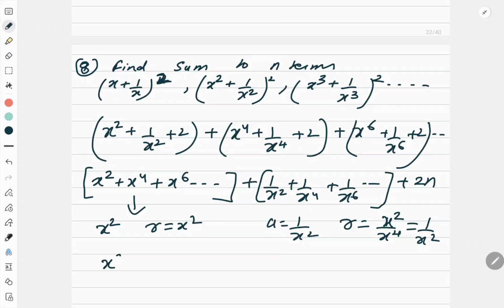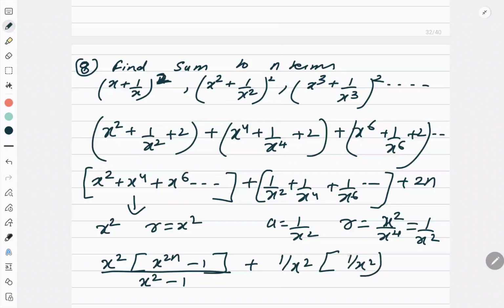This GP will be a r to the power n minus 1 upon r minus 1. Okay? Plus 1 by x square, r to the power n minus 1 upon r minus 1.